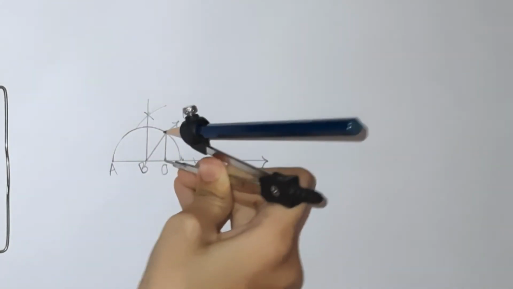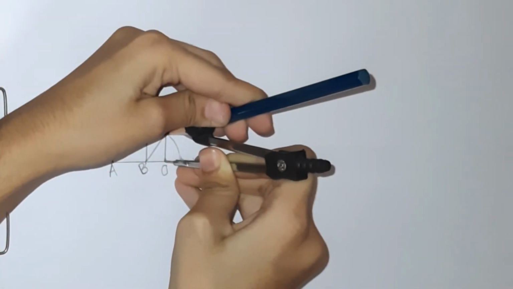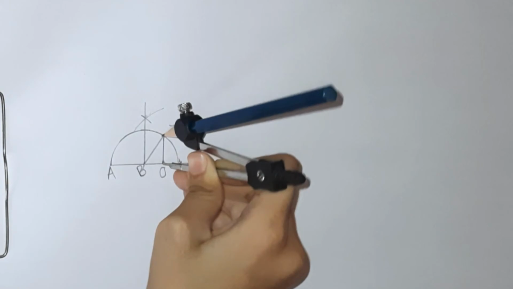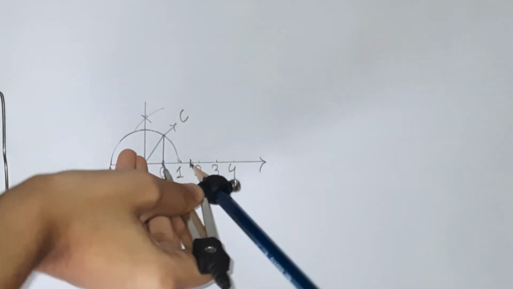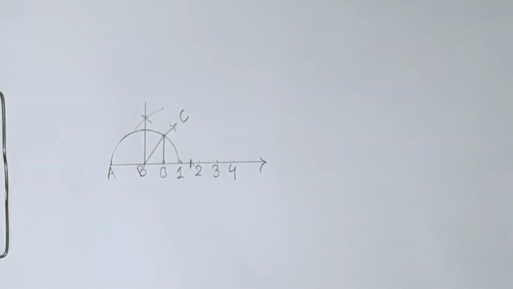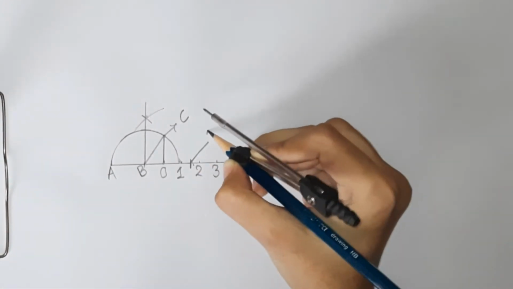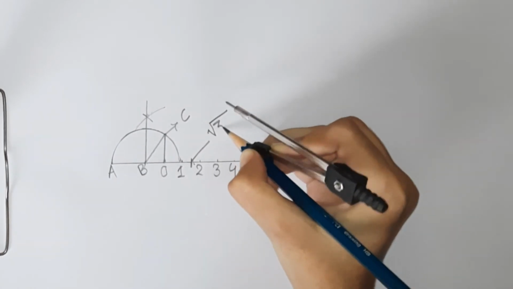We have taken the measurement and now we will cut an arc. The arc will be here. So this is root 3 on the number line.